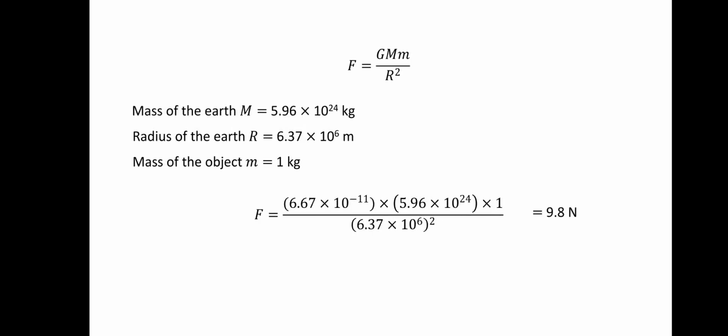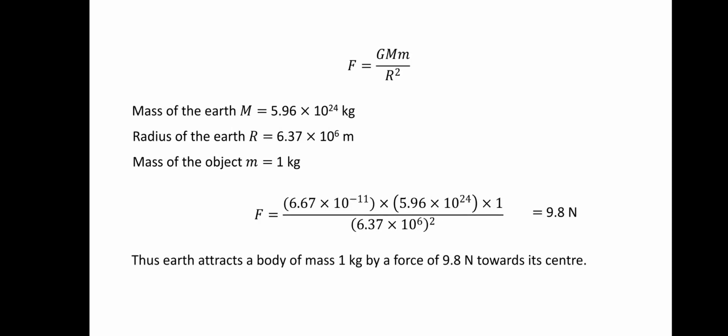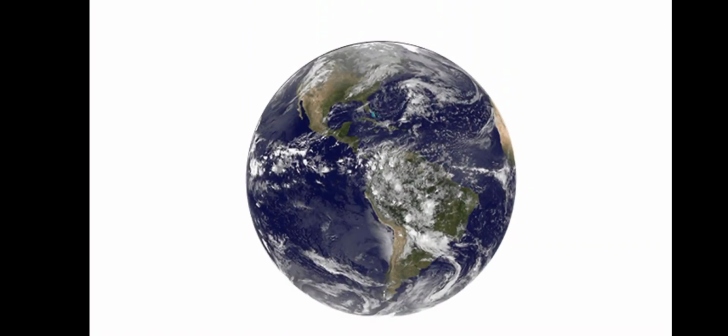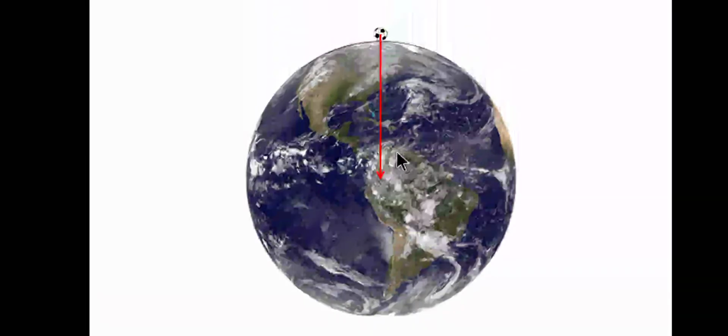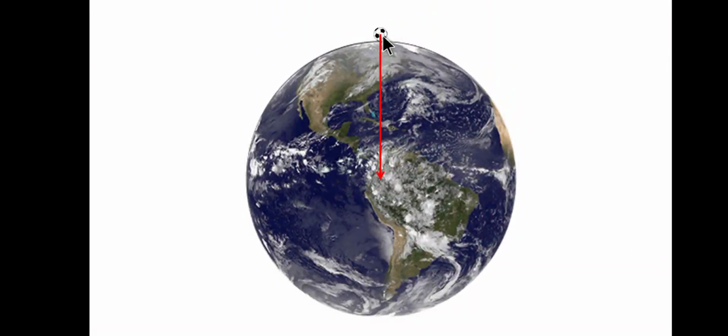This means that the Earth attracts a body of mass 1 kg by a force of 9.8 Newton towards its center. So if the Earth attracts any object towards its center, then not only is the object pulled towards the Earth, but also the Earth will be pulled towards the object.